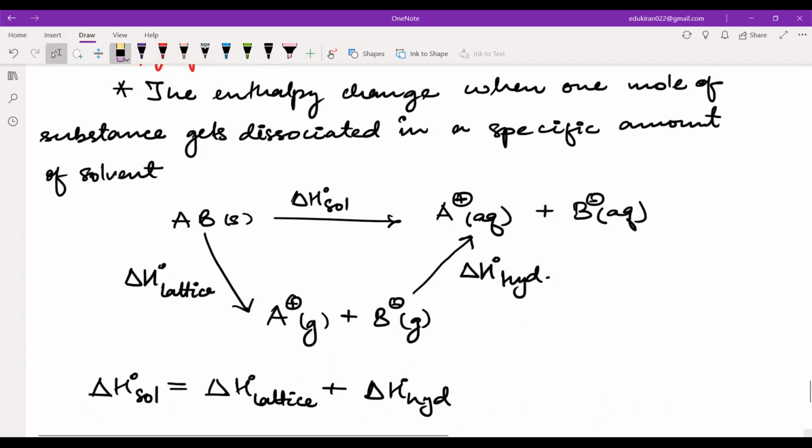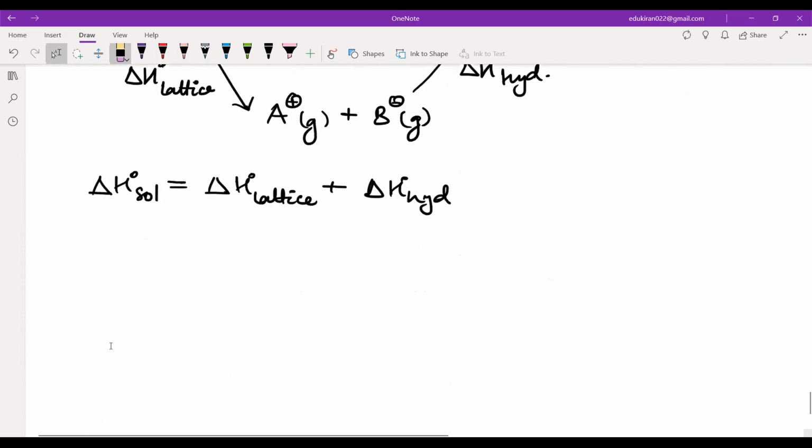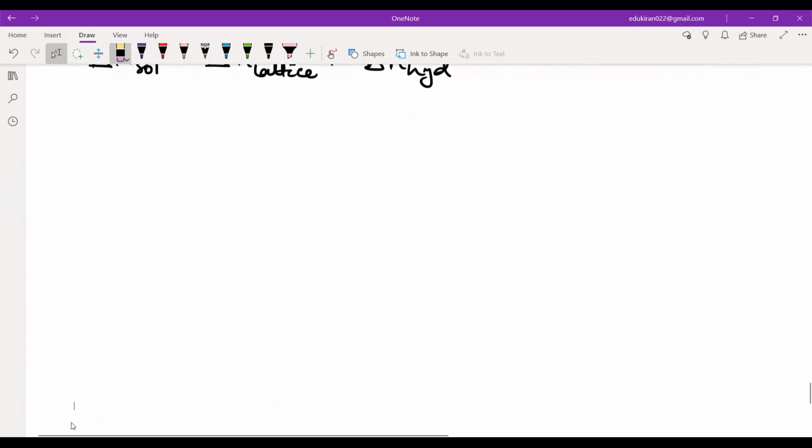Okay, right. The next part is the enthalpy of dilution, when you're diluting something. Enthalpy of dilution.